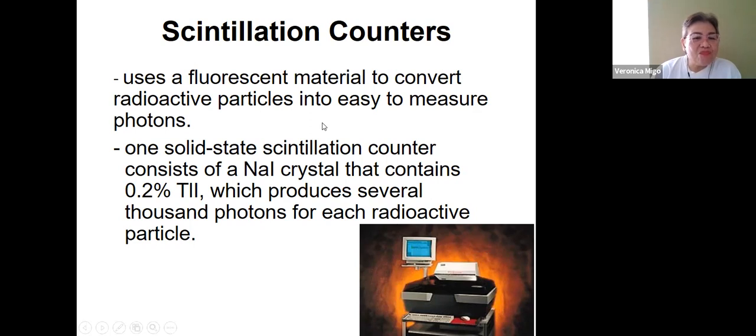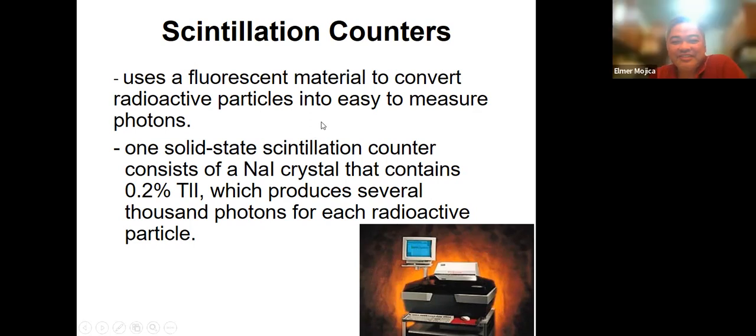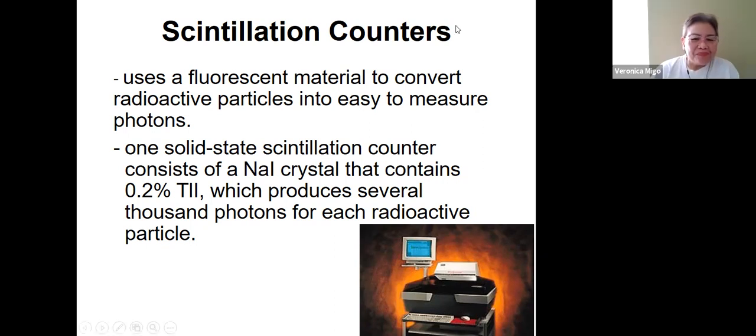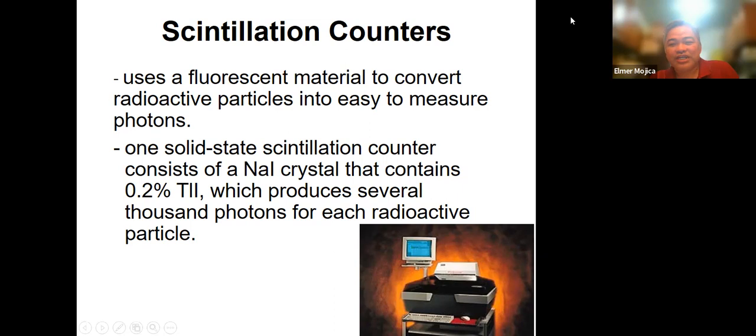So sabi ko nga doon sa isang kabatch ko, Mike, if you're going to use the gamma, the phosphorus, let me know. Kasi hindi ako magsisipot doon sa lab kapag yun yung ginamit niya. Because mas penetrating kasi yung gamma kaysa doon sa beta. Oo. So you don't want to get exposed. And what we use is what we call scintillation counters.